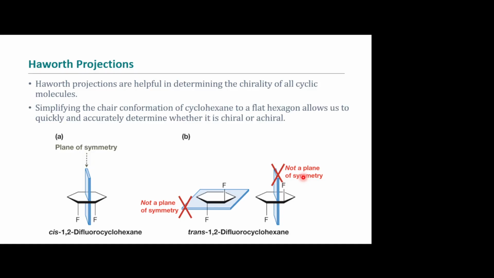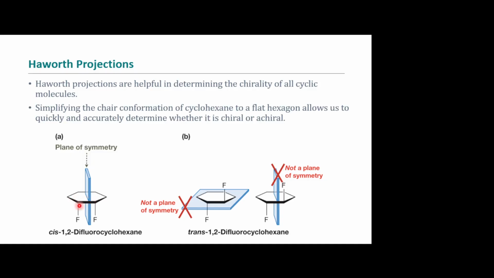So they're going to simplify your chair conformation of the cyclohexane to just a flat hexagon. And this is going to allow us to quickly and accurately determine your chiralities, achiral, and to assign priorities. So we can figure out if it's R and S if we need to. And so this right here is your cis. And notice we have the plane of symmetry right here.